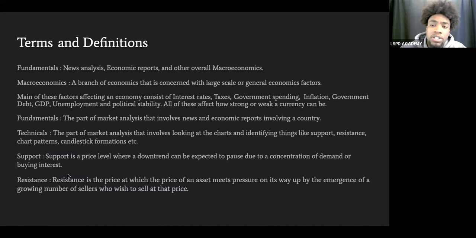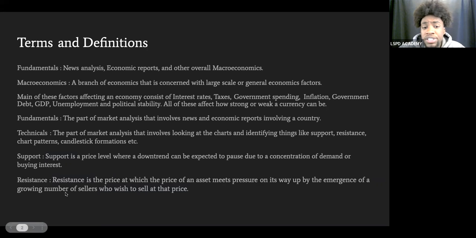Let's just say you see price coming down. Support will be the level where you'll see price come back up because people have lost that selling interest or are now interested in buys. Where the term buy the dip comes from a little bit, right? So the dip would stop at support.